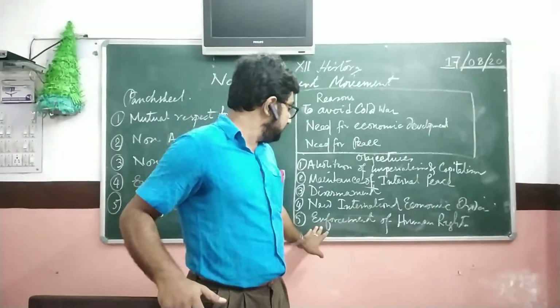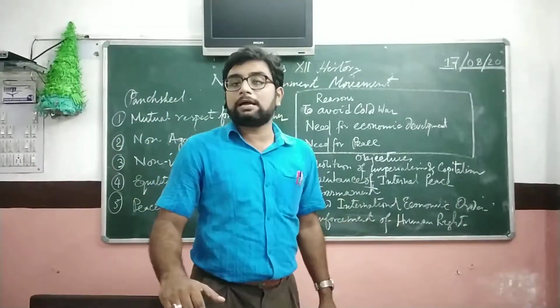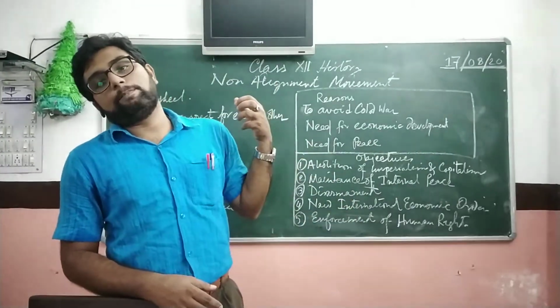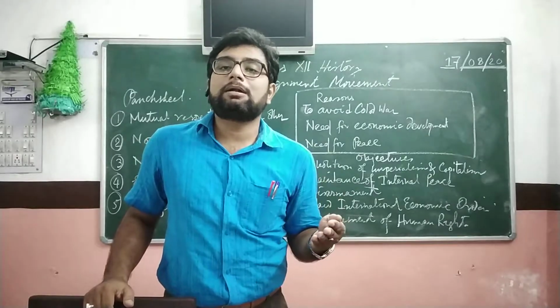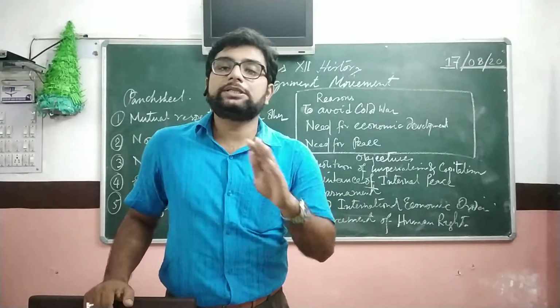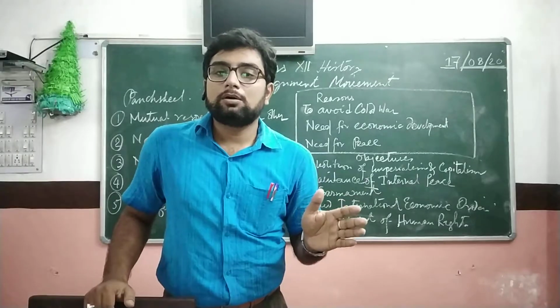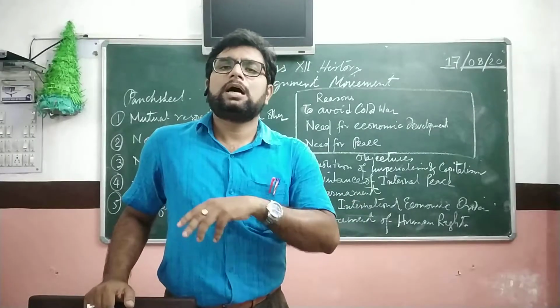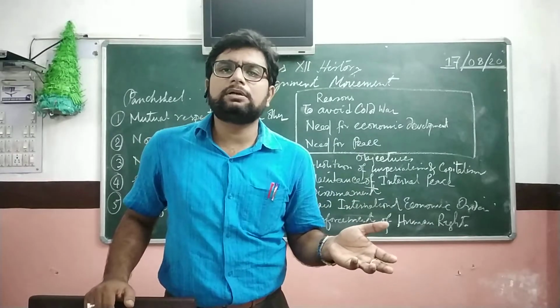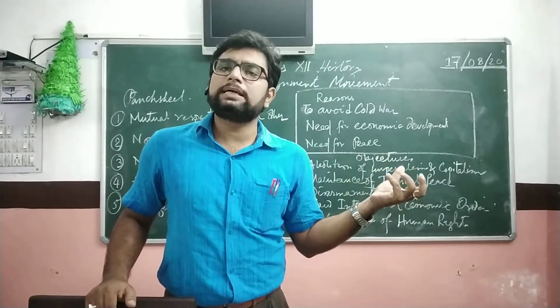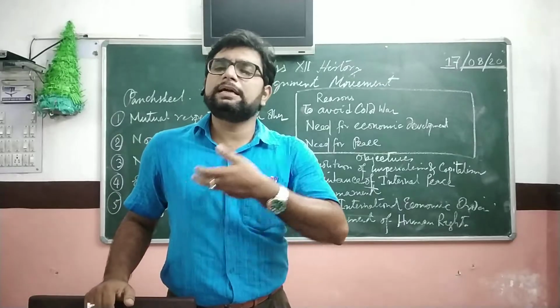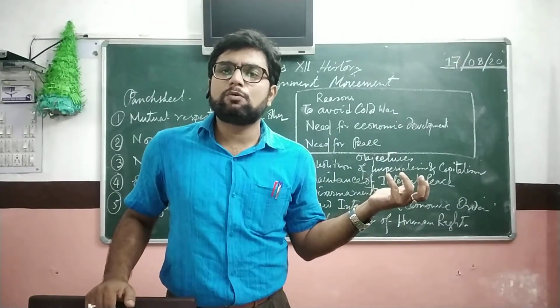And last point, enforcement of human rights. It is also a major objective of the UN, protecting human rights and cancelling any chance of further war, because a huge number of people had already died in the two world wars. Several little wars had taken place, decade after decade, throughout Europe and the world.